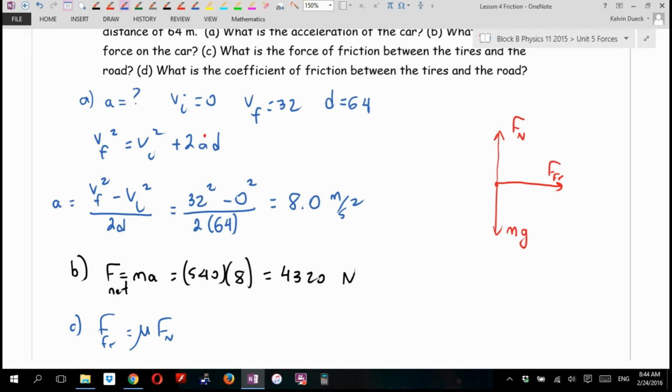Do I know mu? Hey, Luke, what did I find in part B, which was 4,320? On my free body diagram, where would that 4,320 show up? To the left. Pointing to the left. Slowing it down? Oh no.